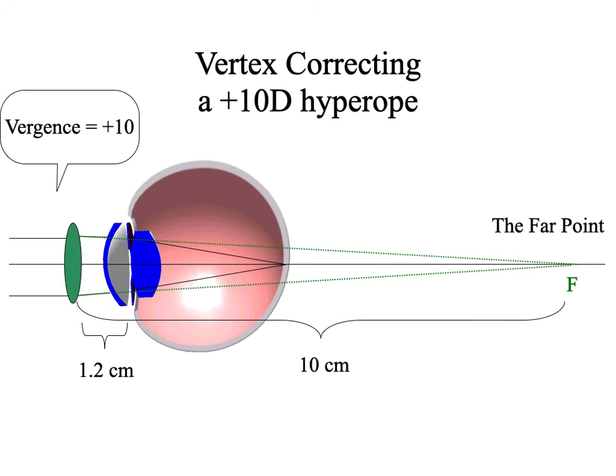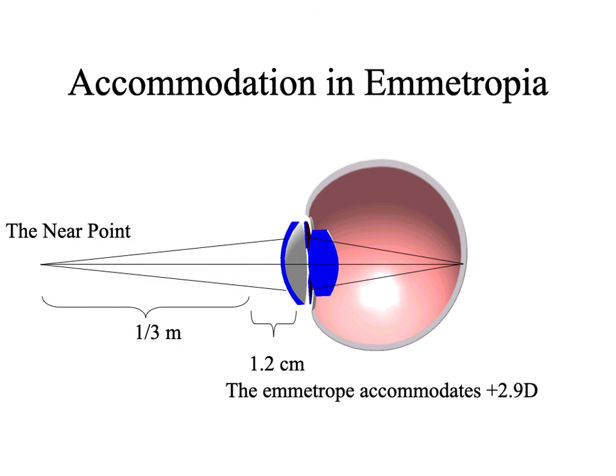For a hyperopic patient, a plus 10 hyperope, if we do the same sort of calculations, we're going to find that the vergence of the rays of light striking this patient's eye, 10 centimeters minus 1.2 centimeters, 1 over that, is 11.4. Okay, let's revisit these patients with accommodation.